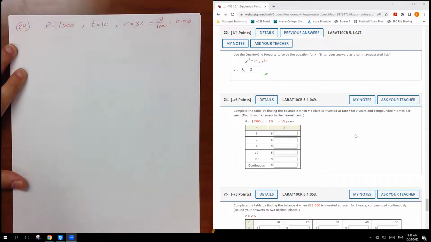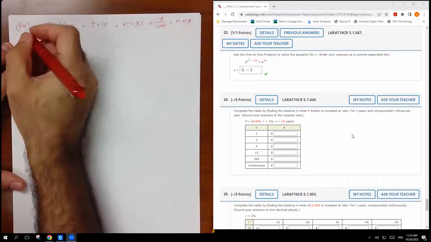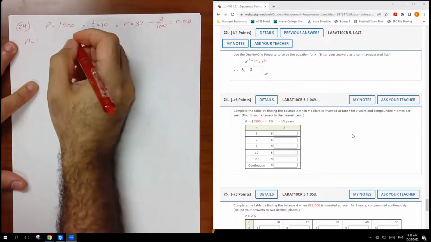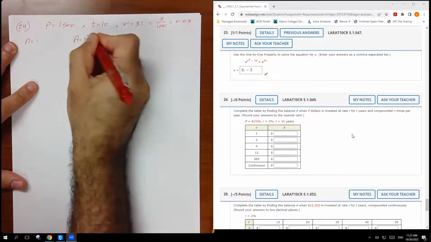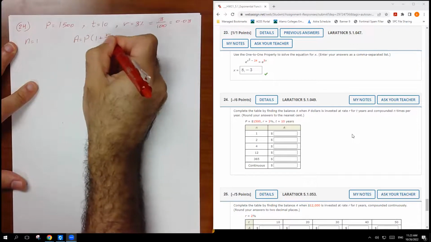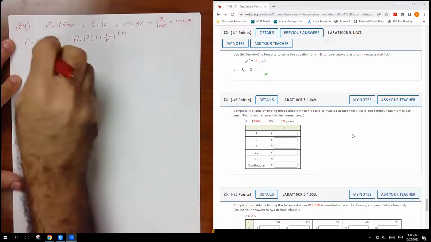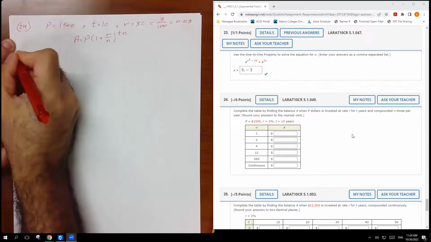So the formula we're going to use: we need to find the compound n equal 1, n equal 2, like annually, semiannually, quarterly, monthly, and daily, then continuous. You're going to use one formula here and a different formula when it's continuous. So when n equals 1, I'm going to use the formula A equals P times (1 plus r over n) to the nt.